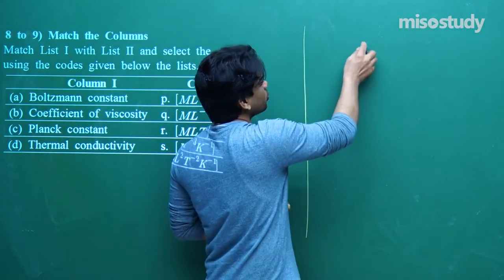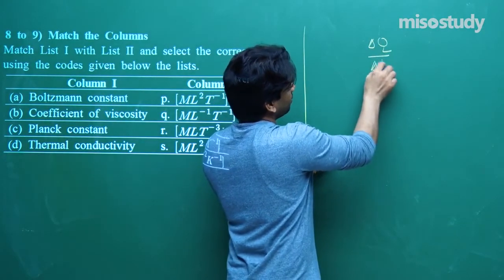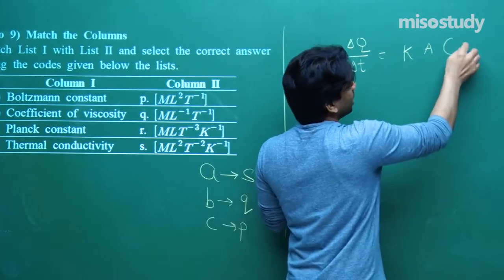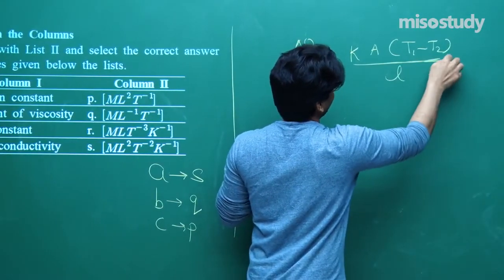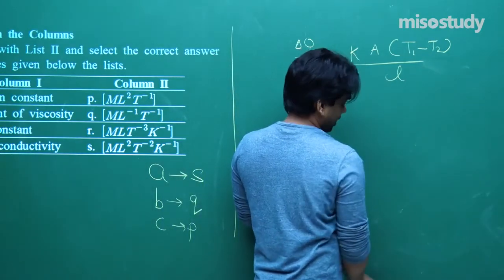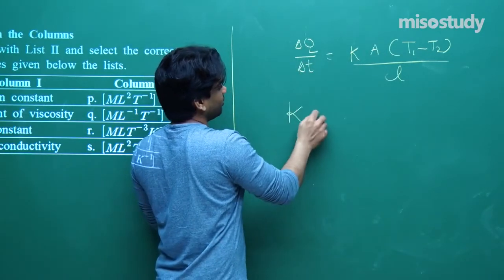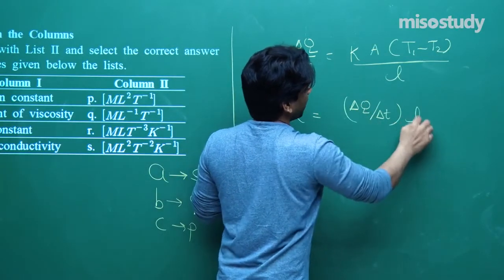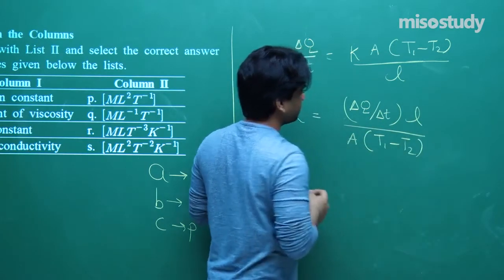It's used here in the rate of heat transfer: delta Q by delta T is equal to thermal conductivity K, area A, multiplied with temperature difference T1 minus T2, divided by the length of the conductor, L. So clearly we can write the thermal conductivity as delta Q by delta T multiplied with length, divided by area A into T1 minus T2, that is the temperature difference.